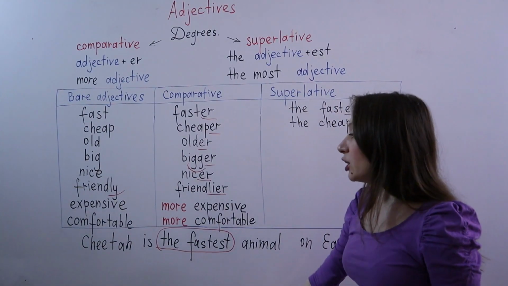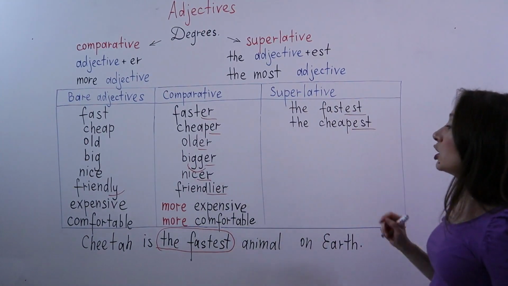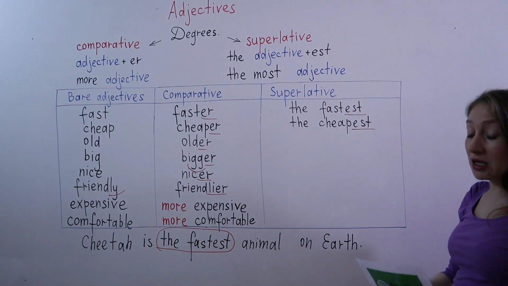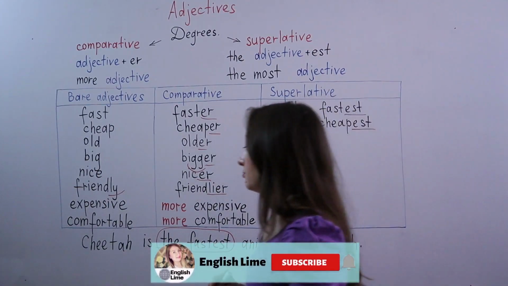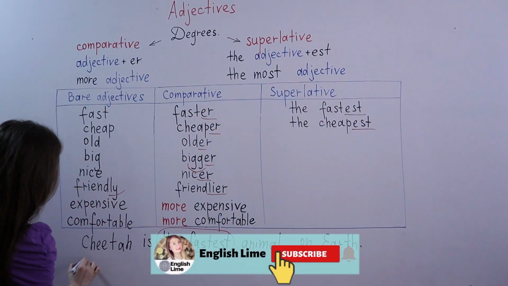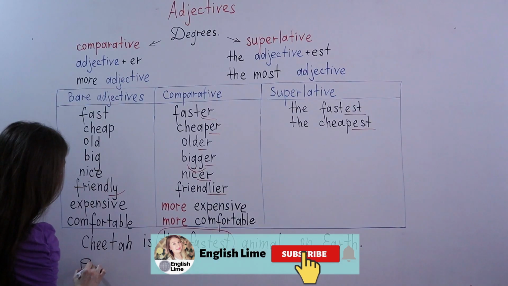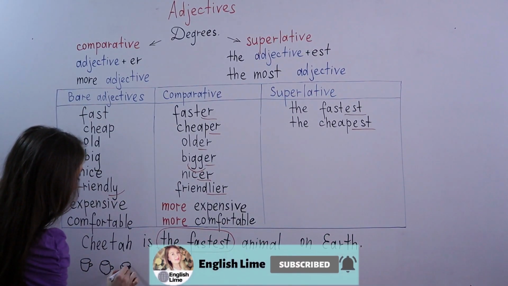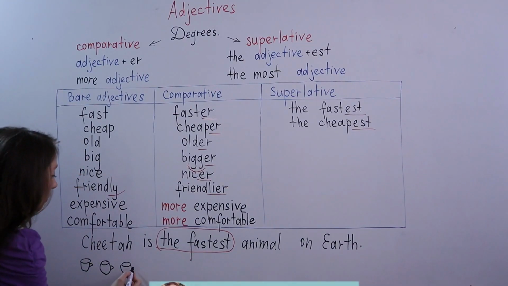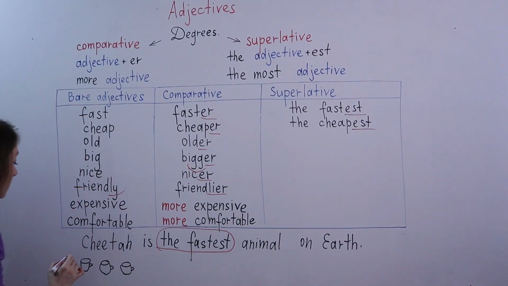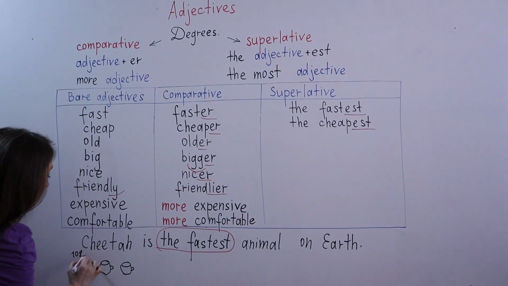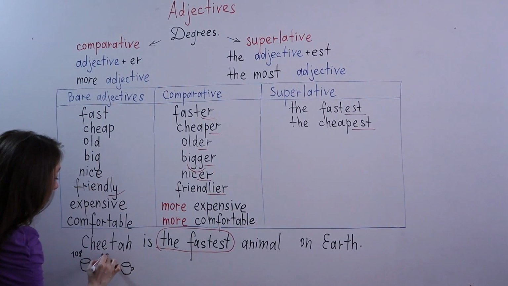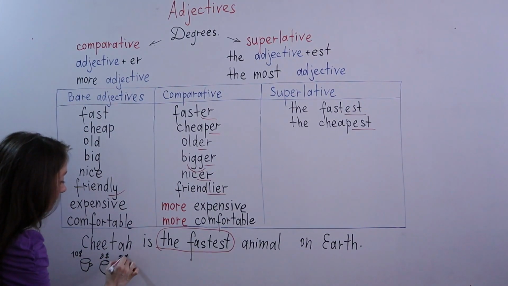All right. So, and the next example with the cheapest. Let me give you some pictures. For example, we have 3 cups, kind of like that. And the price for these cups is, this is $10, this is $8, and this is $5.